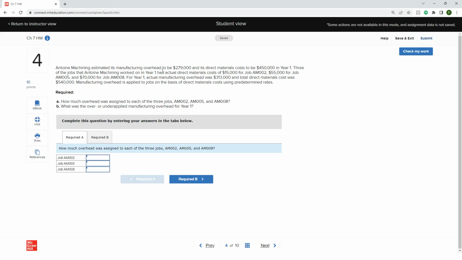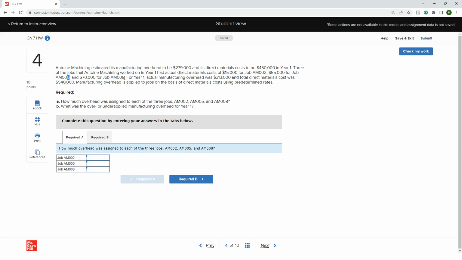It worked on 3 jobs, AM002, I'll just say job 2, had direct materials cost of $15,000, $55,000 was for job 5, and $70,000 was for job 8. And then it gives us the actual manufacturing overhead of $313,000, and the actual direct materials cost was $540,000.